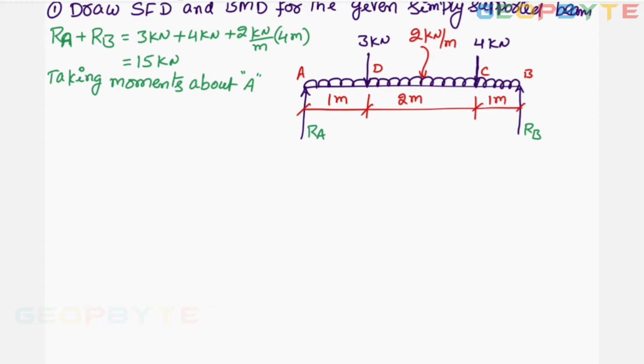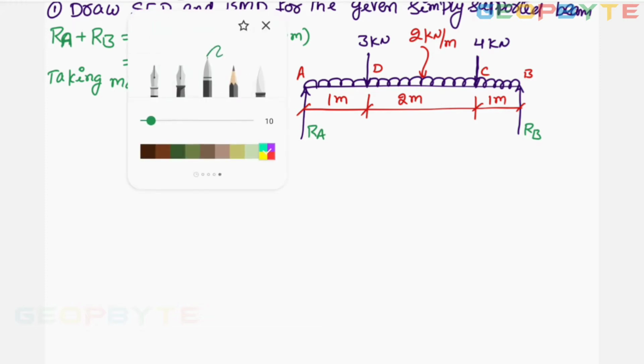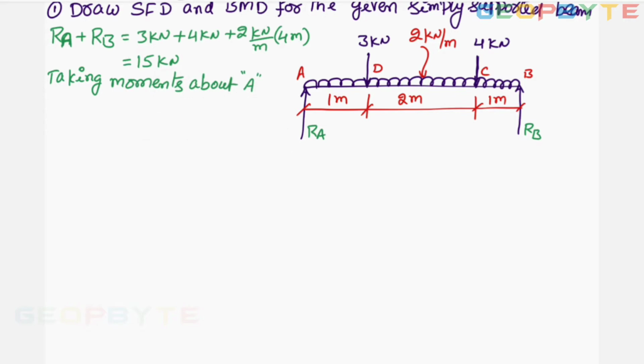We are equating the anti-clockwise moments and clockwise moments. Here anti-clockwise moments are due to RB only. RB into distance up to A, because we are taking the moments about A.